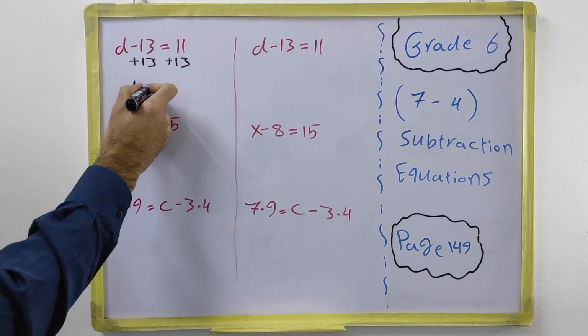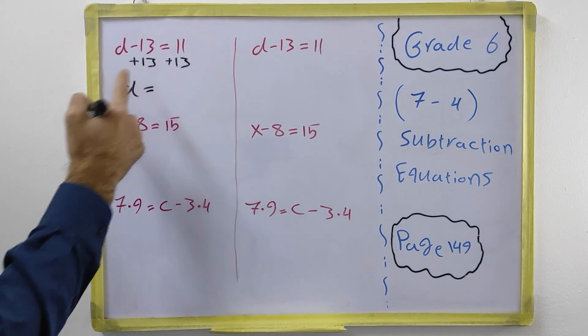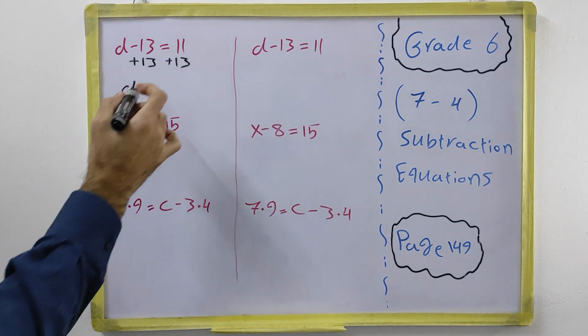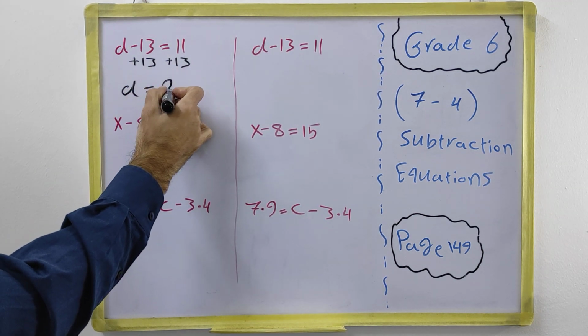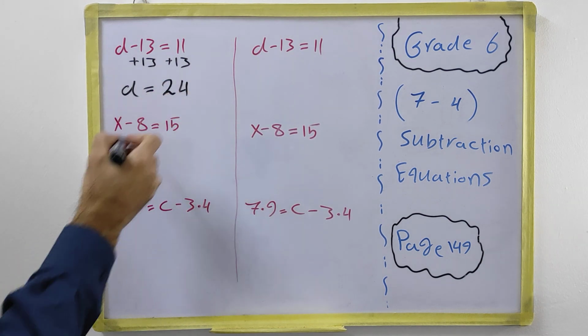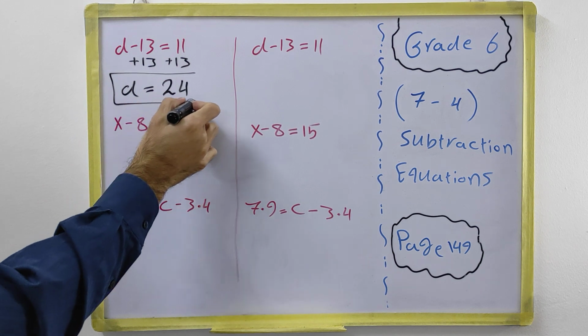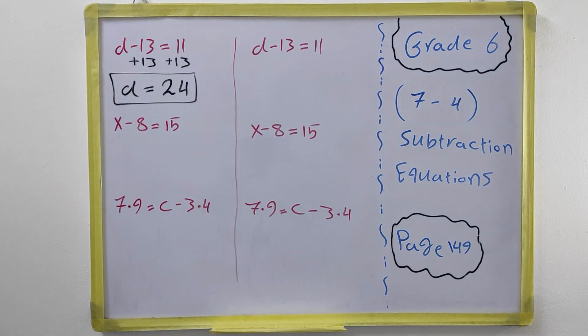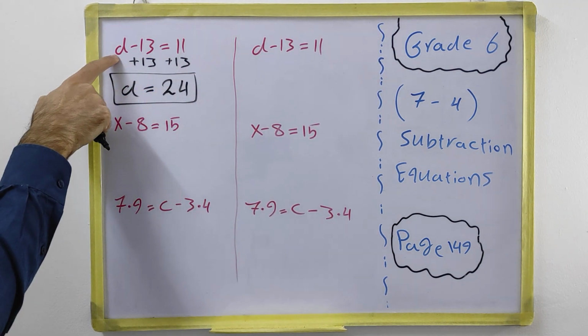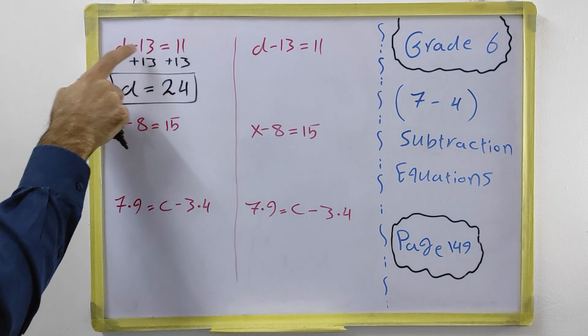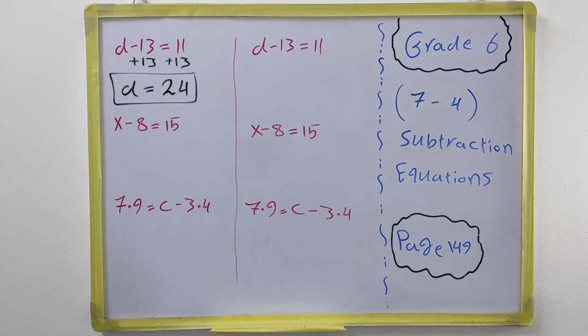We will just have d equals 11 plus 13, it would be 24. d equals 24. Then if you wanted to check, in the place of d we have 24. 24 minus 13 equals 11.